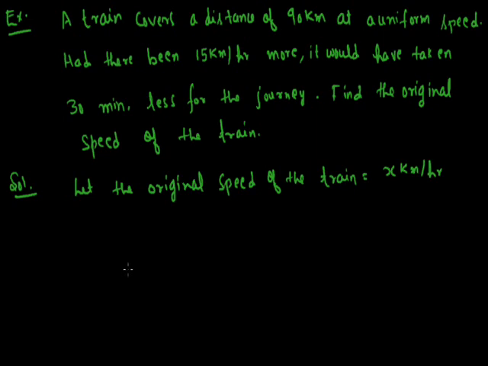Now it is covering a 90 km distance, so the time taken in covering 90 km is equal to 90 by x hours. So this is the time taken to cover 90 km with the speed of x km per hour.